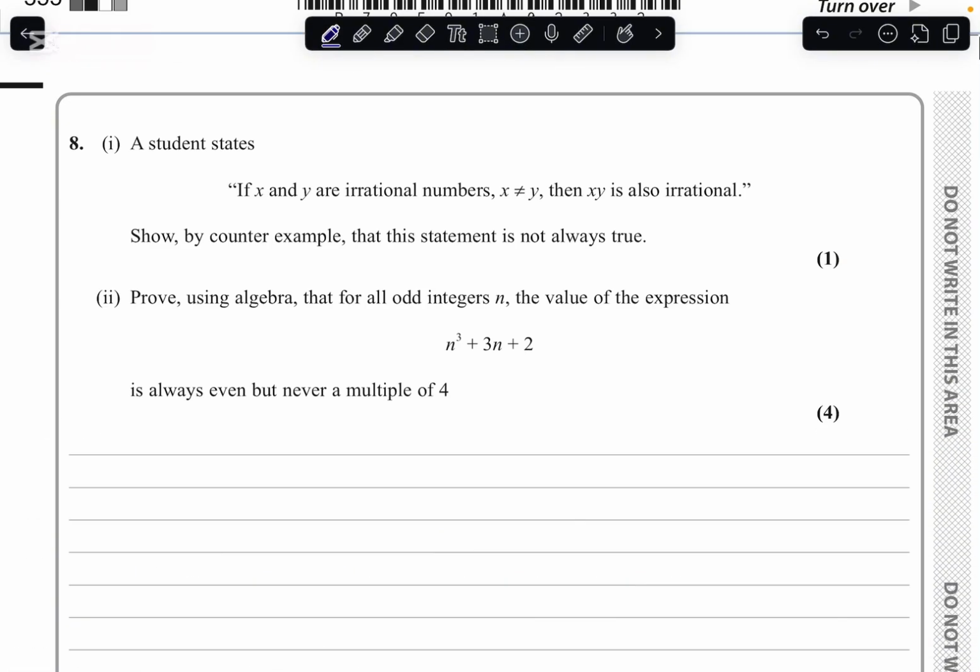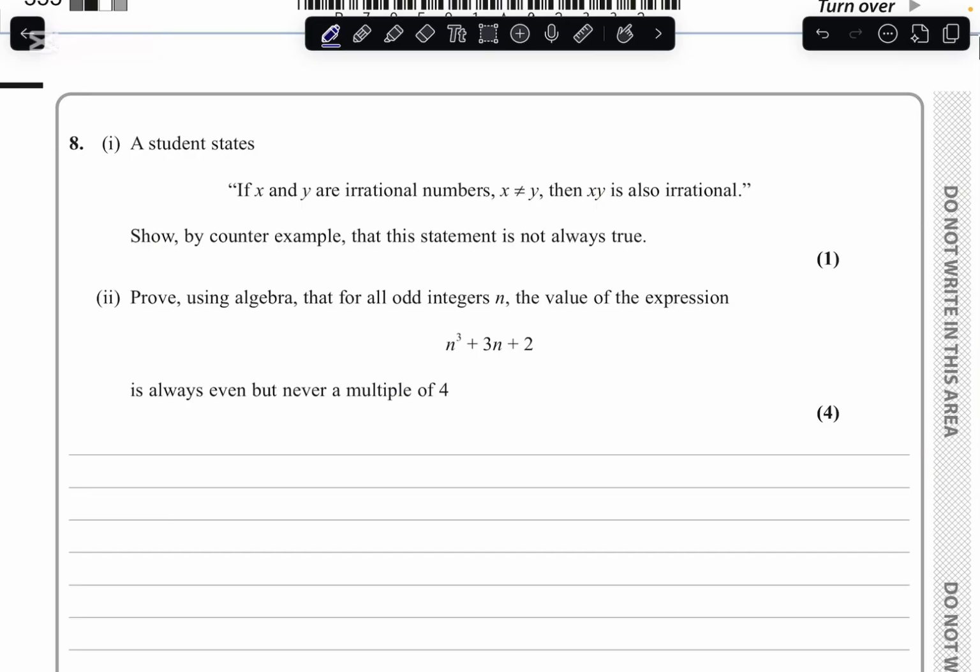In question 8, it says that a student states if x and y are irrational numbers, then xy is also irrational. And we need to show by a counterexample that this statement is not always true. Now, an irrational number is one that has an infinite amount of decimals, or it's a never-ending number.